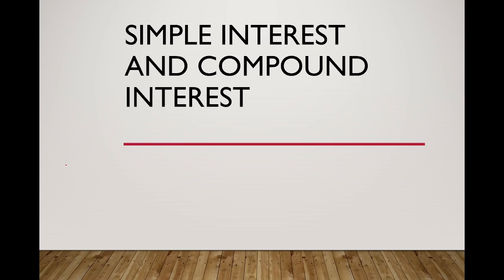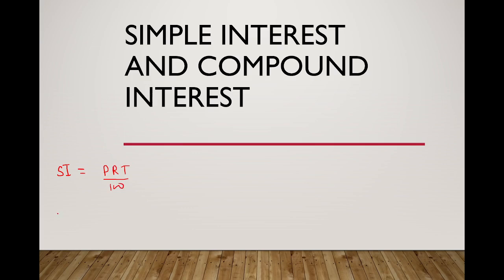So we have some simple formulas. The abbreviation for simple interest is SI and for compound interest is CI. Simple interest, all of you maybe read in ninth or 10th class in earlier days. The formula is PRT, where P is principal, R is rate, and T is time.